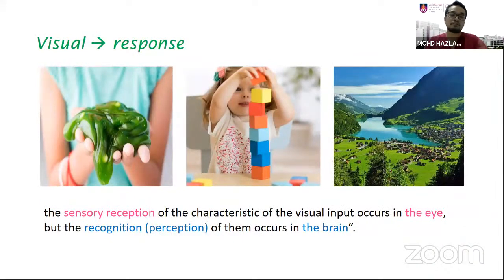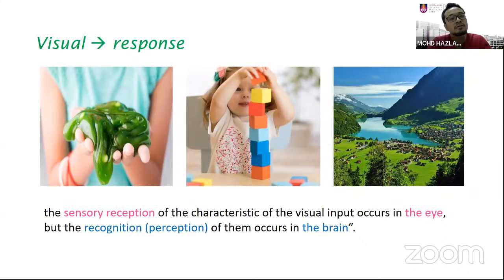Okay, if you look at the slides here. The sensory reception occurs in the eyes, but the recognition, the perception, occurs in the brain. If you look at the first picture there, there is a slime, and in the second picture, the child holds a cube, right?